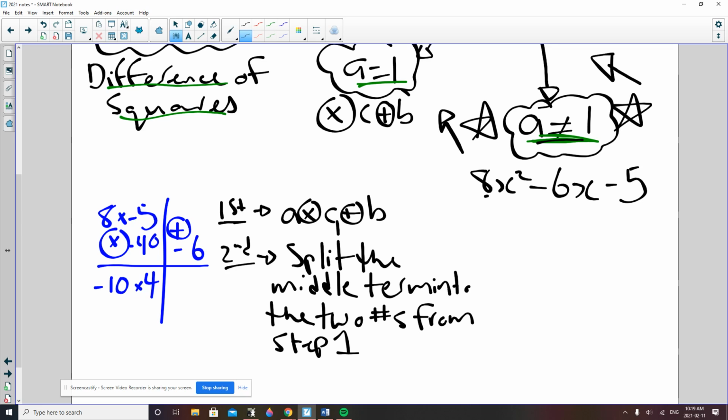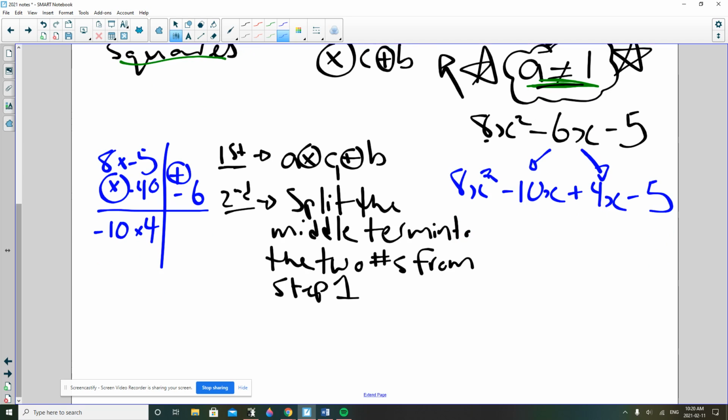I'm still making it equal. I'm just writing it differently. So I'm going to split this middle term into a negative 10x and a positive 4x. I haven't changed my equality, because negative 10x plus 4x is still negative 6x. I just changed the way it was written. Everything else stays the same: 8x squared, minus 5.